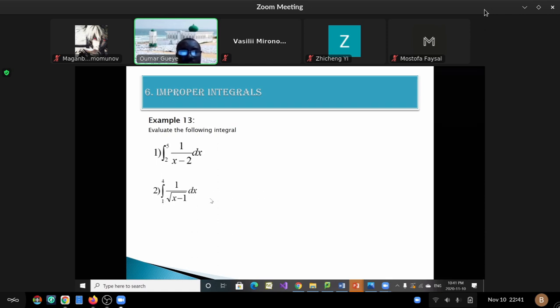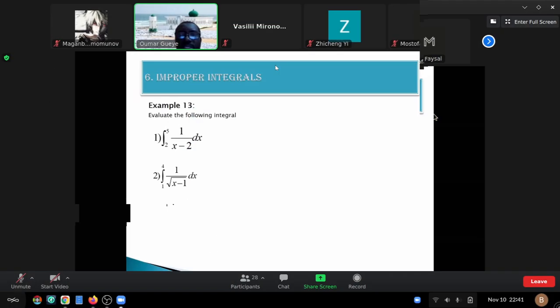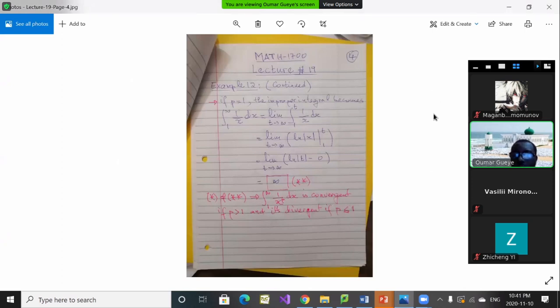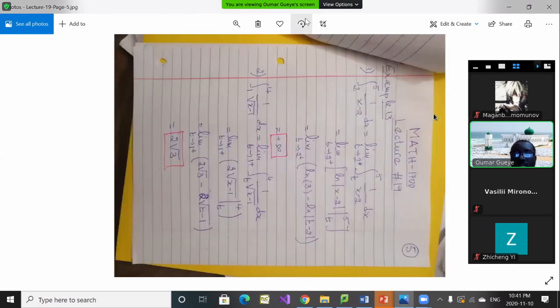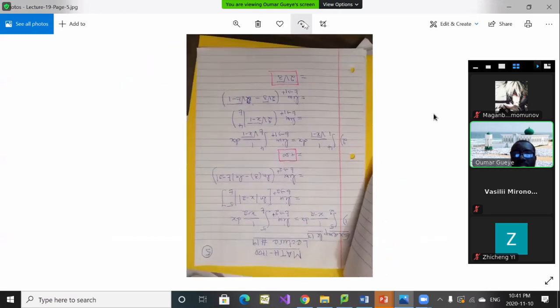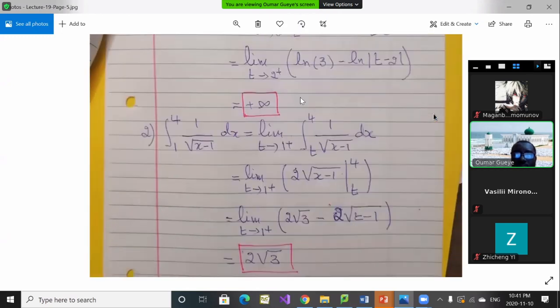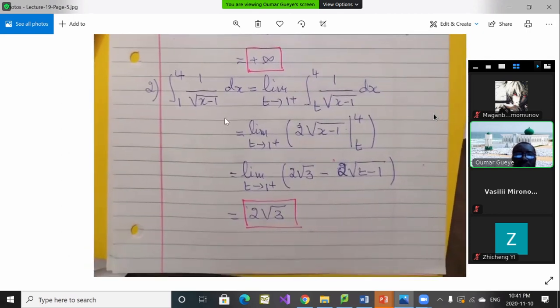Okay, now in this example, so we're done with that one. All right, for this example, as your friend said, we have the discontinuity at 1.